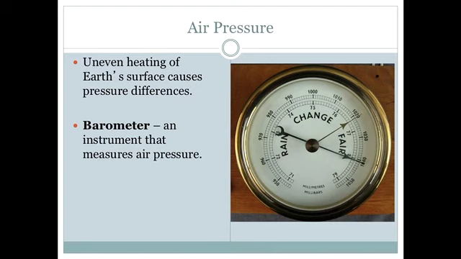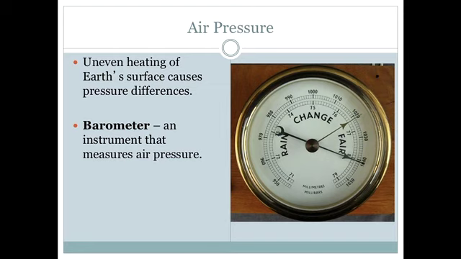Uneven heating of Earth's surfaces cause pressure differences. Where are the sun's rays concentrated on Earth? The equator or the poles? If you said the equator, you are right. Is it hotter or colder at the equator?